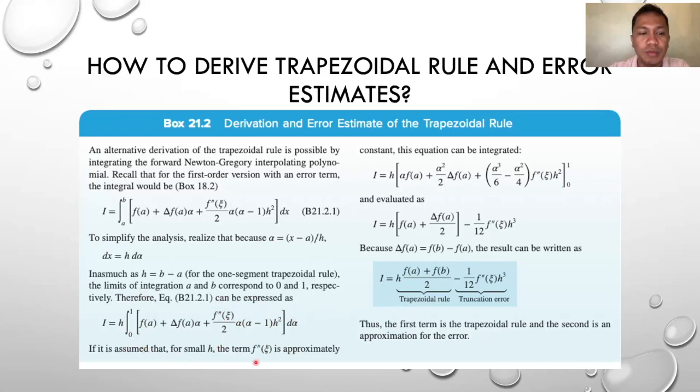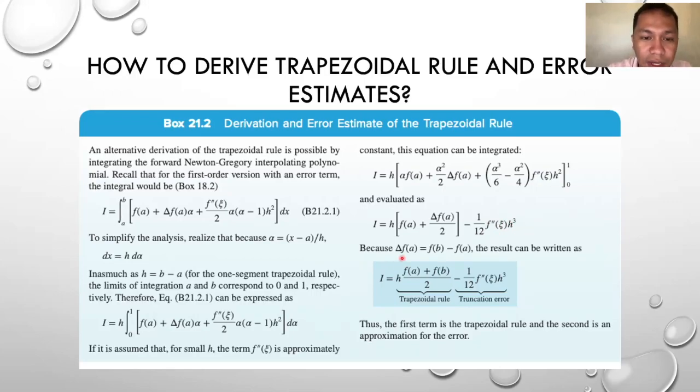If it is assumed that for small h, the term f double prime xi is approximately constant, then this equation can be integrated. From this, it will be evaluated to this. That is, I is equal to h bracket fa plus delta fa over 2 minus 1 over 12 f double prime xi h cubed.